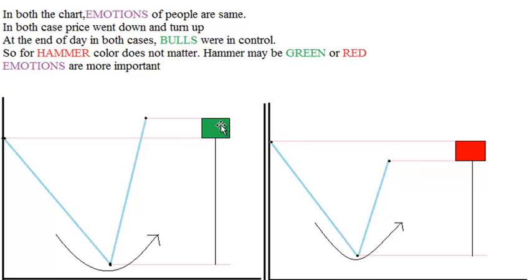While this is a green candle and this is a red candle, the emotion of the people who are closing is bullish. The people who are in control towards the end of the day are bullish, and hence it's a bullish candle. So while we look at hammers, it doesn't matter what the color of the hammer is. It is insignificant. What is important is that a hammer has been formed and bulls are in control.